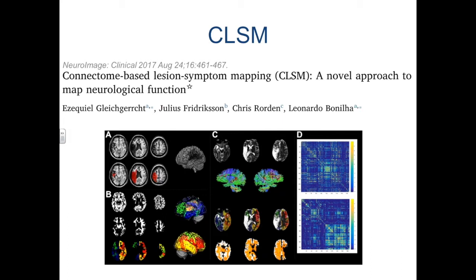So for us, it was really important to look at both worlds, the gray matter world and the white matter world. And we did this again with VLSM for gray matter and CLSM for white matter.